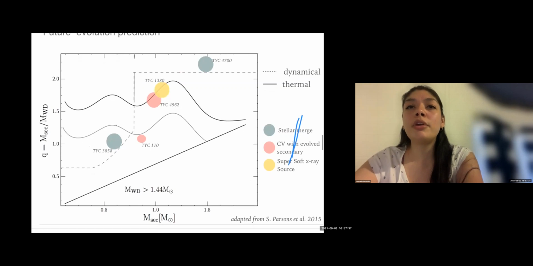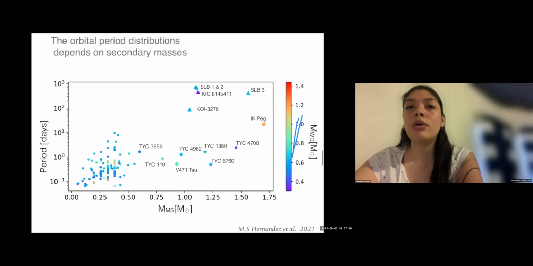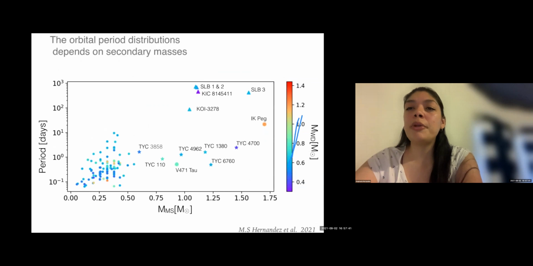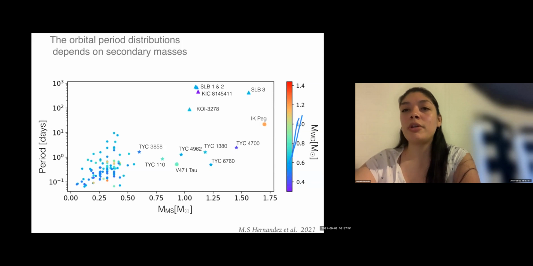Also, I did the orbital period distribution and compared it with the post-common envelope binaries with M dwarfs. We saw that for these more massive post-common envelope binaries, we can identify 2 populations, one with short orbital period and one with long orbital period.